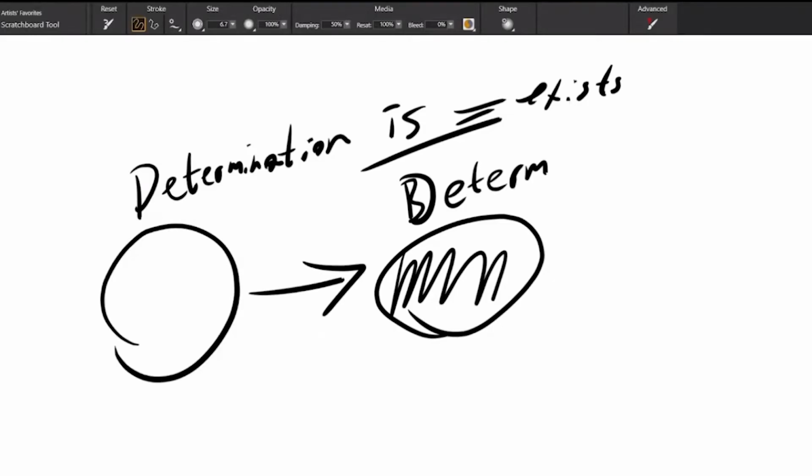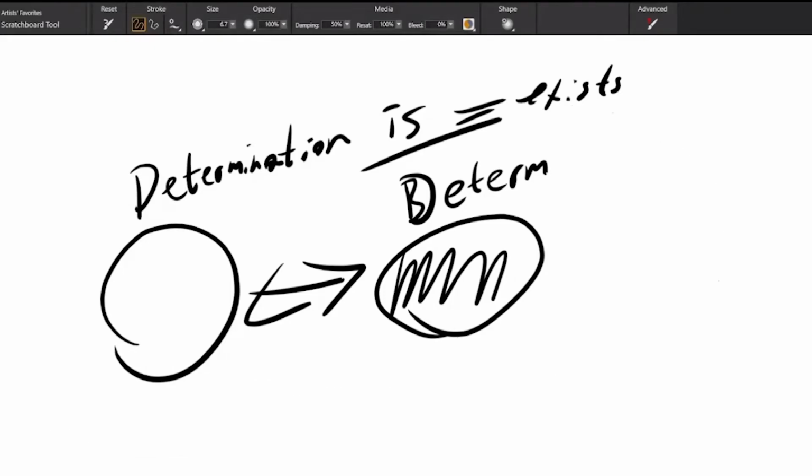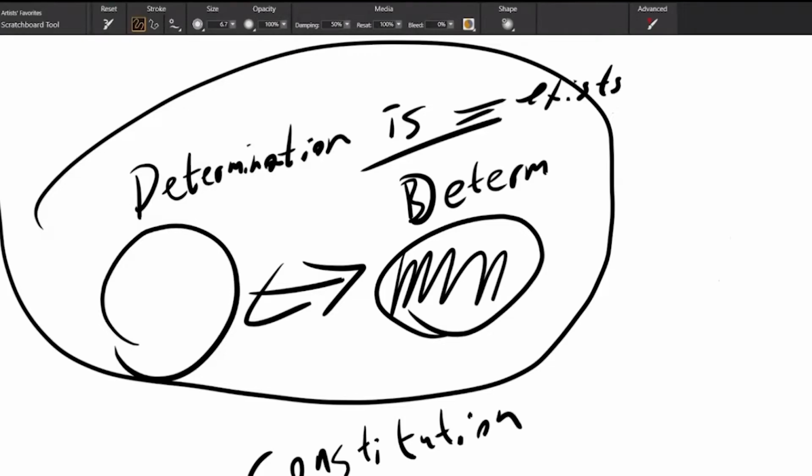But this is a negative relationship, and therefore determination is only through this negative relationship, and this total relationship is what constitution is. So that's another way to visualize that movement.